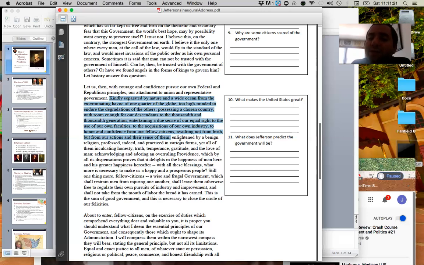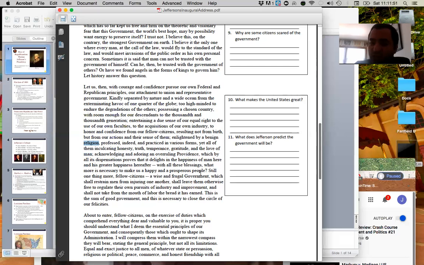He wants the United States to start to give the common person that greater advantage. So he knows the United States can provide that hope, provide that honesty, provide the true temperance and gratitude, and the love of man. Of course, he does mention religion, focusing on faith. That makes the United States great in the eyes of Thomas Jefferson.